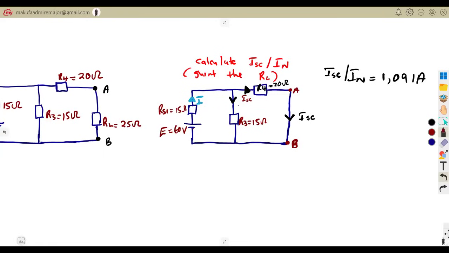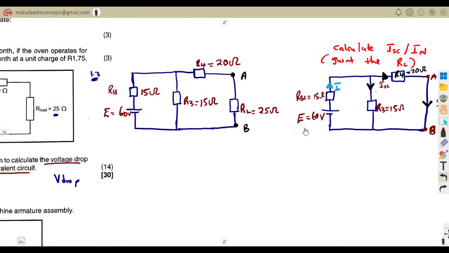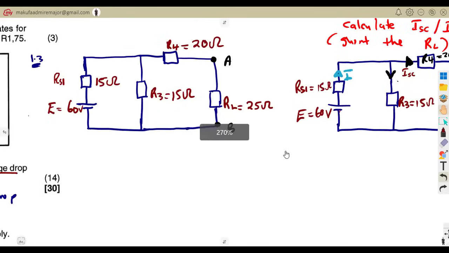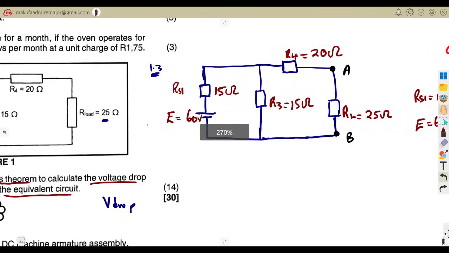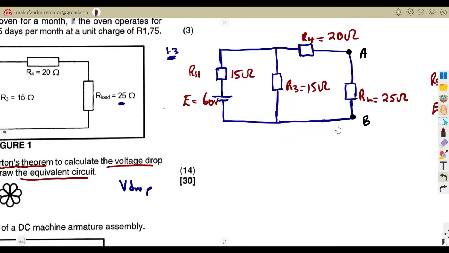What is it also that we need from our Norton's theorem? Just like in Thevenin's theorem, you are going to need the look-in resistance, which is your Rn. So you need to calculate Rn, which is the same as how you calculated your Rthev when dealing with Thevenin.